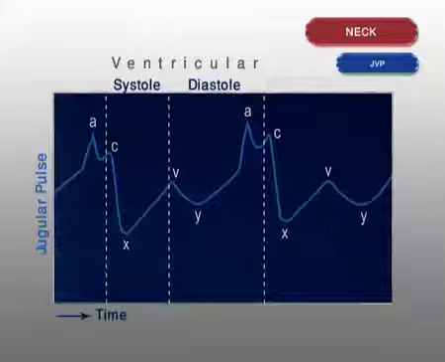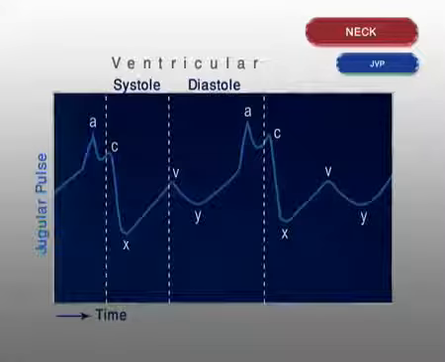If the patient develops atrial fibrillation, we have to know that the A wave, which is the result of atrial contraction, will disappear. In cases of pulmonary hypertension, the pulmonary artery pressure will increase the pressure in the right ventricle, then in right atrium, then in the jugular veins, and it will give us a prominent A wave.